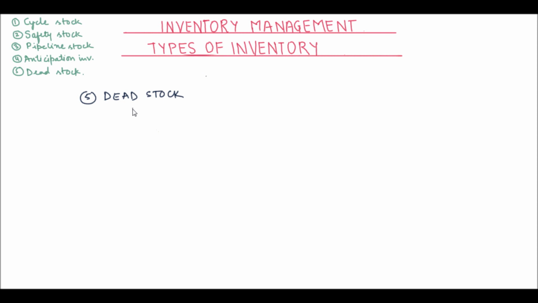The fifth type of inventory that we'll look at is the dead stock. Now this is the part of inventory that is unlikely to be of any further use in supply chain operations or markets. So as the name suggests, it is dead stock.